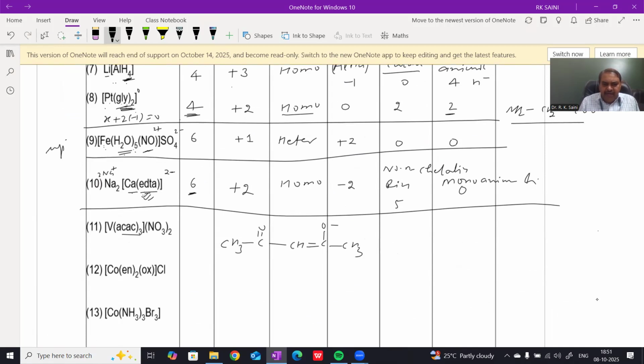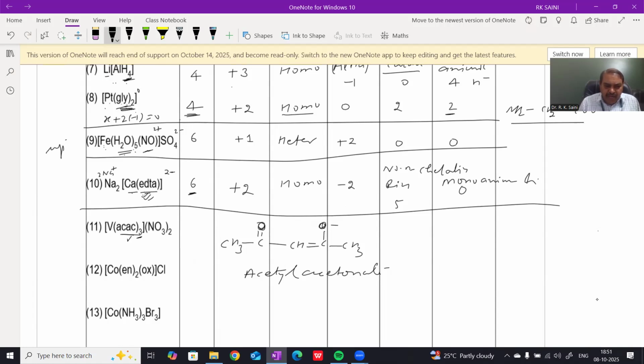It is a bidentate ligand. The anion is acetylacetonate, generally represented by ACAC. The denticity of the ligand is 2. Both oxygens are donor sites. Therefore, it is a bidentate ligand.